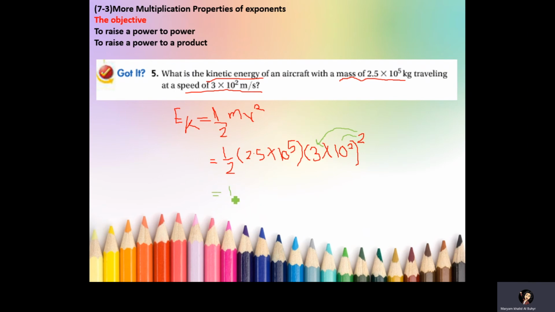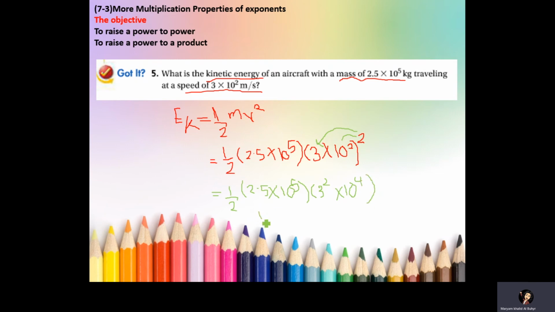So that will be 1/2 times 2.5 times 10 to the power 5 times distribute 3 to the power 2 times 10 to the power 4 because it's a power raised to another power.